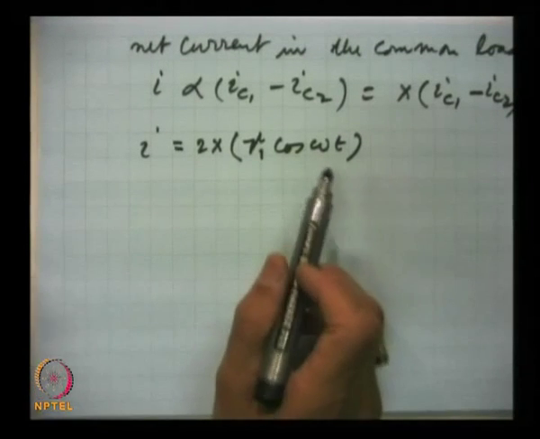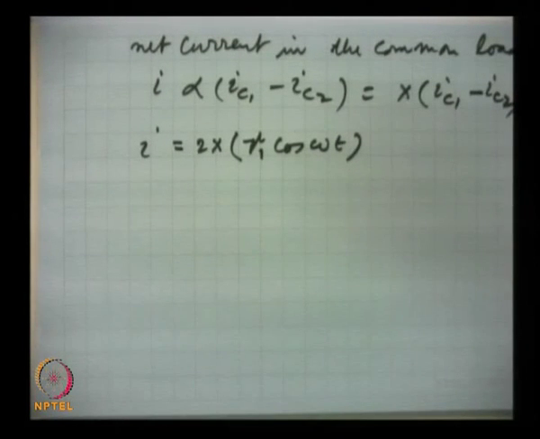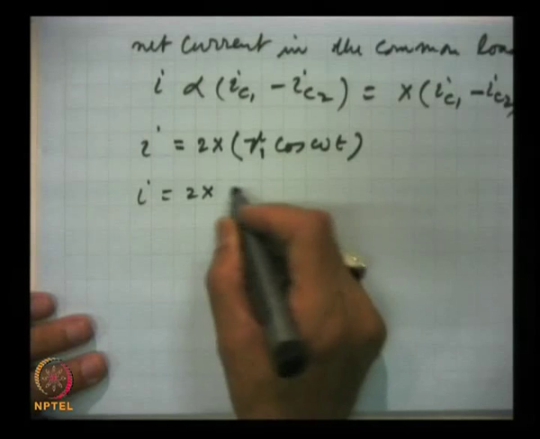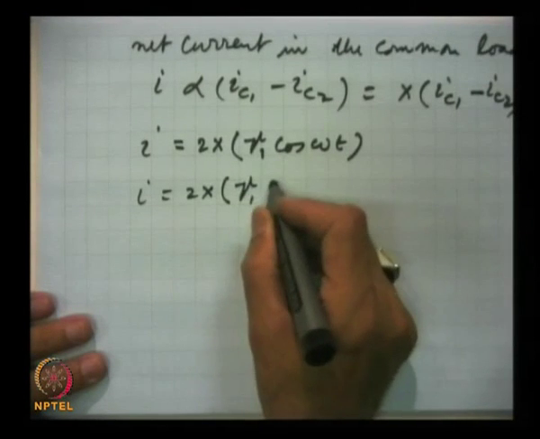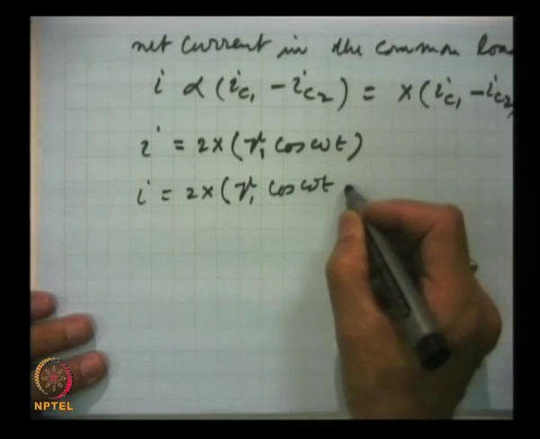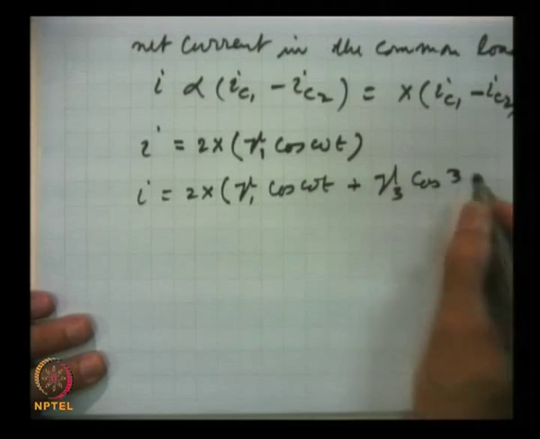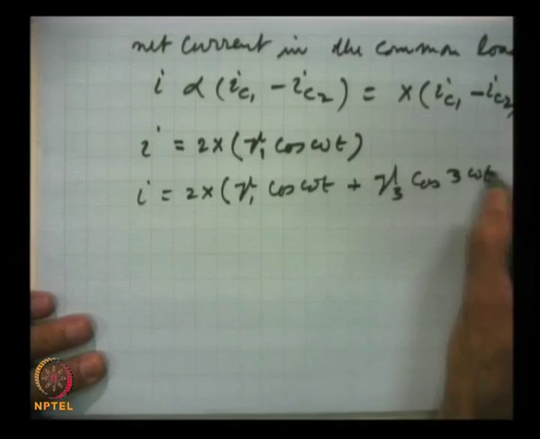But if we take a general case, we took an approximately parabolic shape of the transconductance curve. In the general case, when a Taylor series is used, then this I we will find is 2x into gamma 1 cos omega t plus gamma 3 cos 3 omega t and so on.